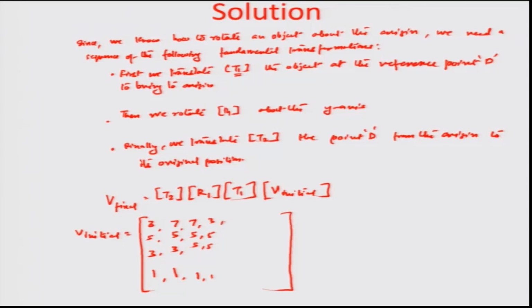We have 3, 6, 5, 1, and we have 3, 6, 3, 1. So, let us just shorten it a little bit, change the layout a little bit. So, that is how the initial matrix can be written.